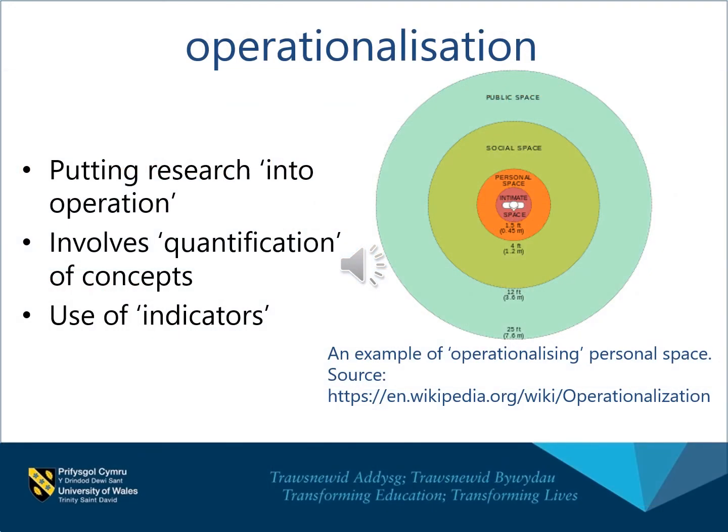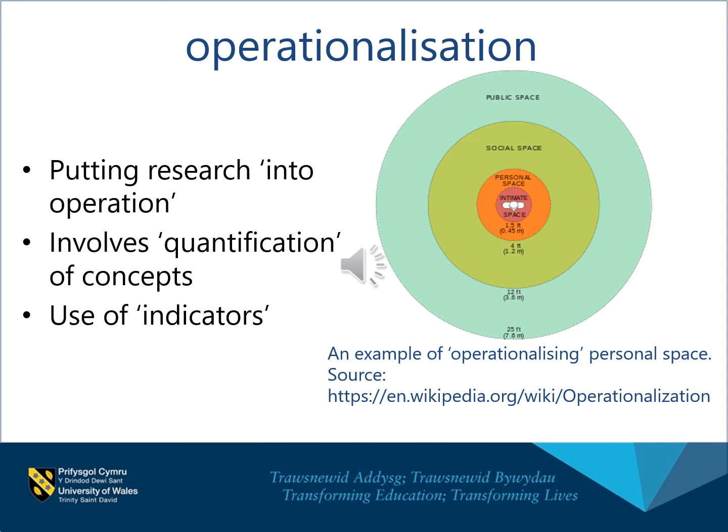Lastly, another feature of quantitative research that you may come across is operationalisation. This means putting research into operation and involves the quantification of concepts, i.e. using numbers. And the use of indicators comes into this category.